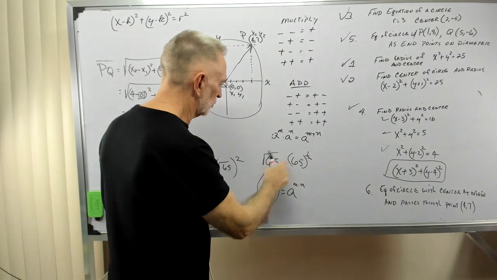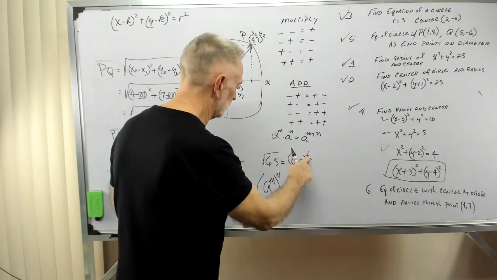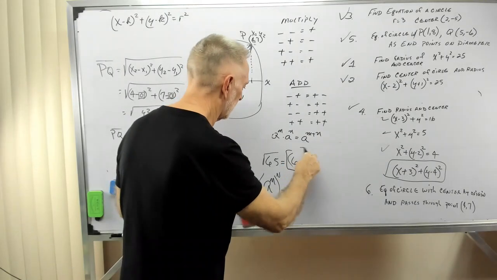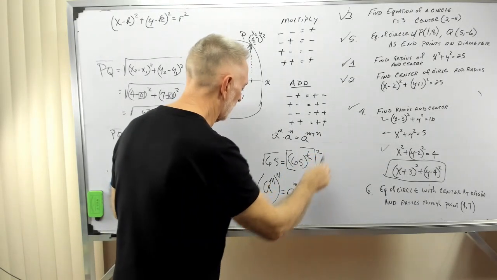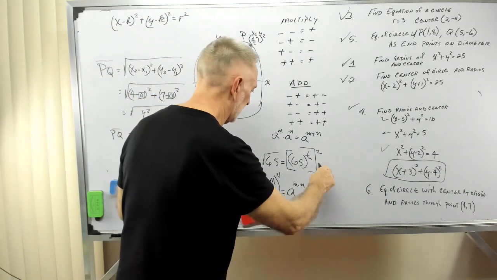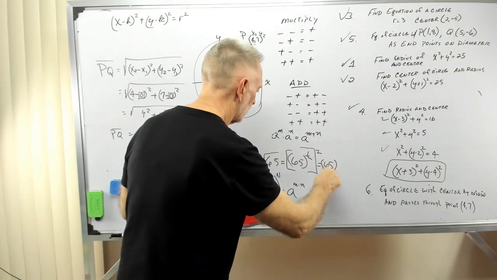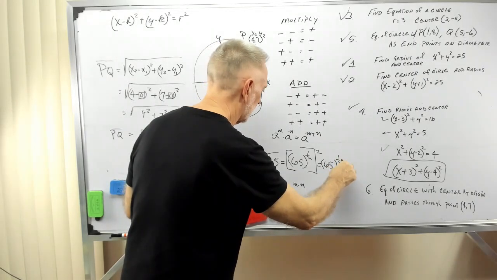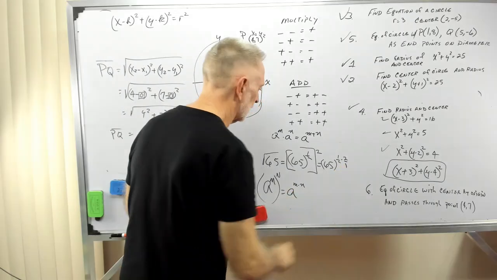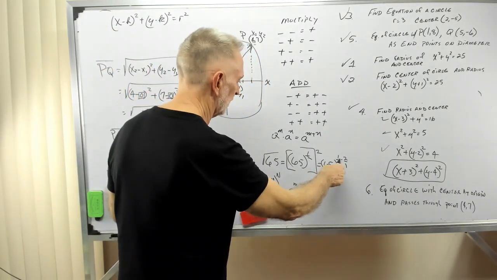If I take the square root, which is, in this case, 65 to the 1/2, and I square that, I have 65 raised to the 1/2 times 2. That's 2 over 1. We don't write the 1. But what does that give me?